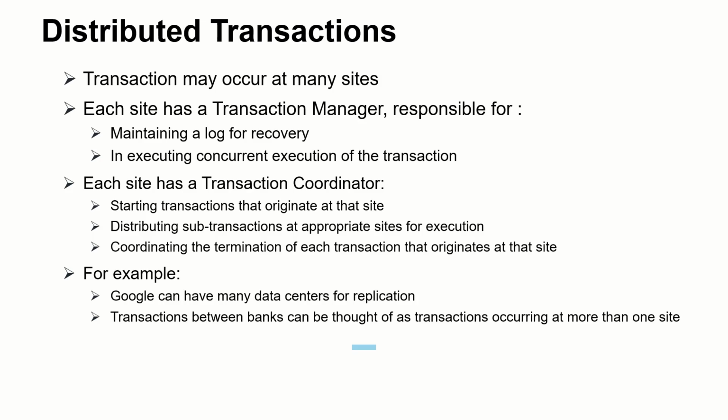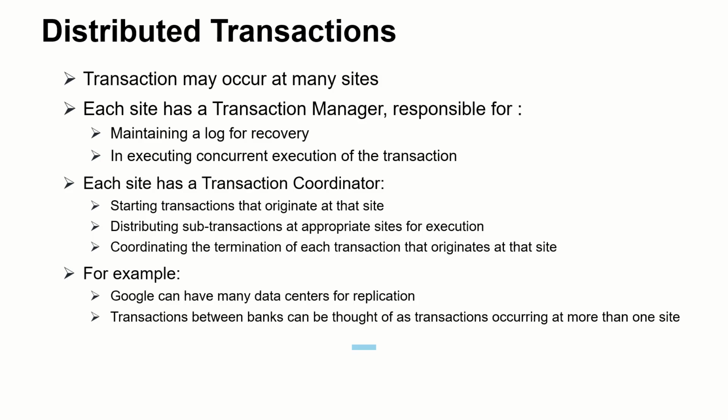So we can understand that this single transaction is going to happen at many sites. One site can be the server of Zomato, another site will be the payment vendor which is going to verify your payment, and one will be updating the inventory of the Zomato servers.